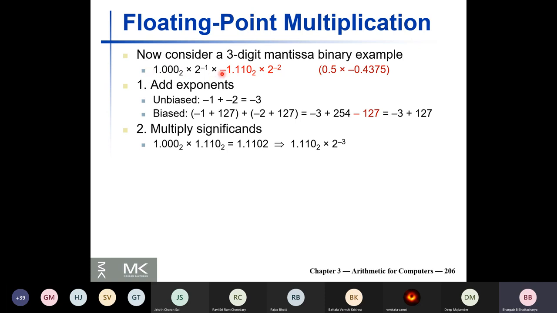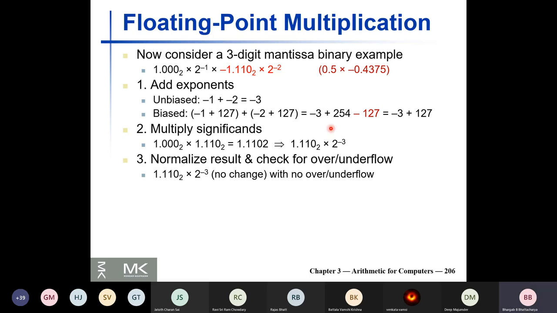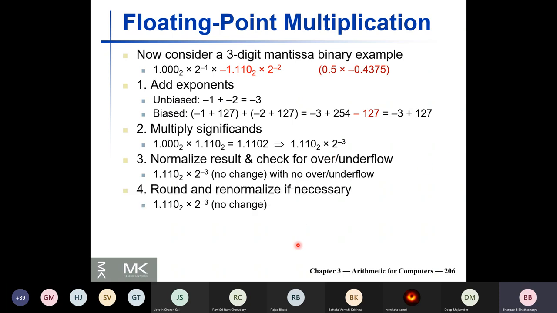So multiply the significands using an integer multiplier, whatever you get, and then you normalize it. And when you normalize, the exponent might change. Again, check for overflow or underflow. And you may use these guard bits and so on, as before, for getting a little bit more accurate result.